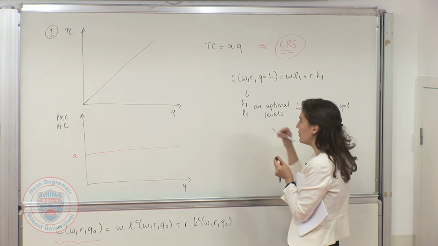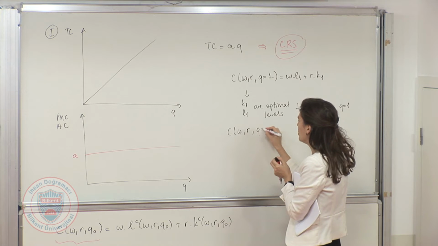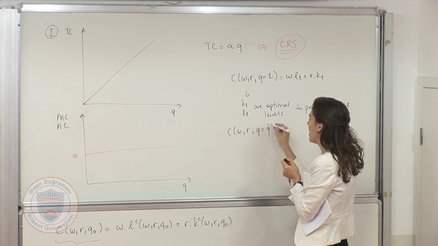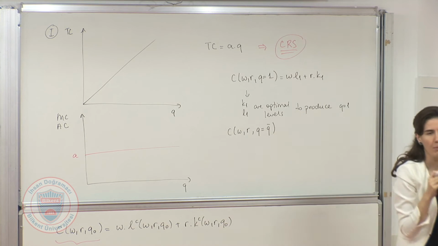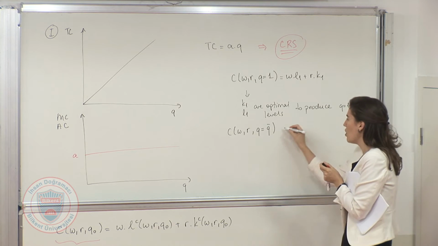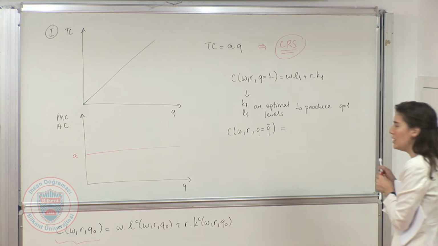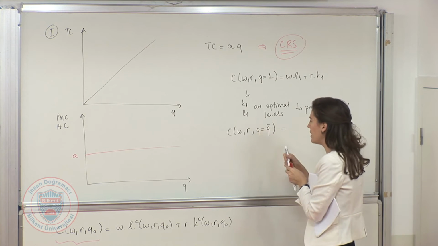Now I would like to produce Q equal to, let's say, Q bar. Some other 5 units, some other amount. So suppose this is the case. Then what should I know? Let's just first think of it like this.